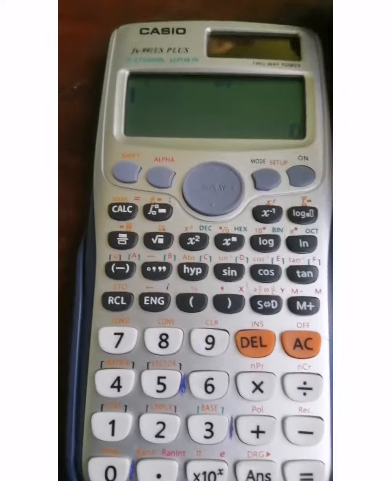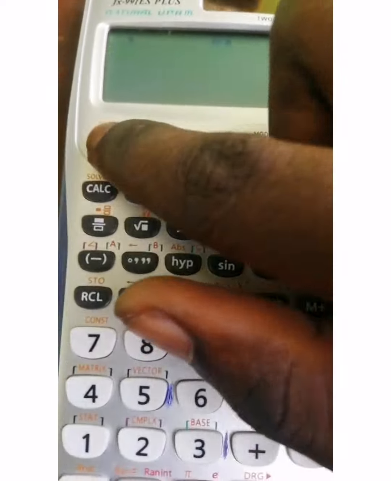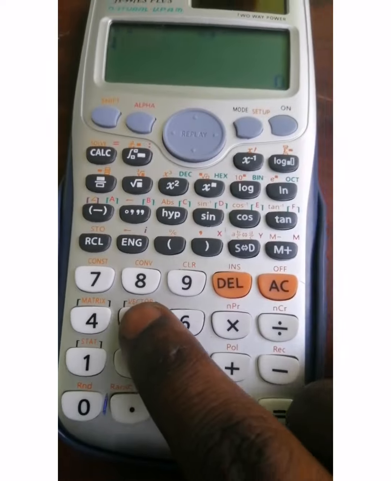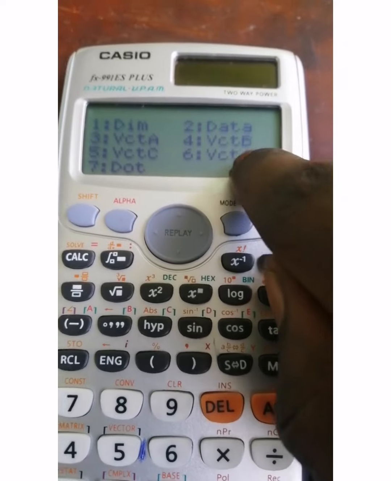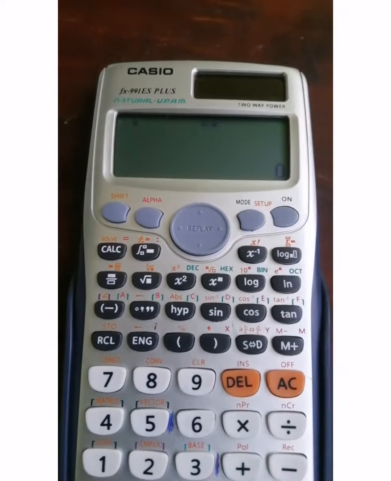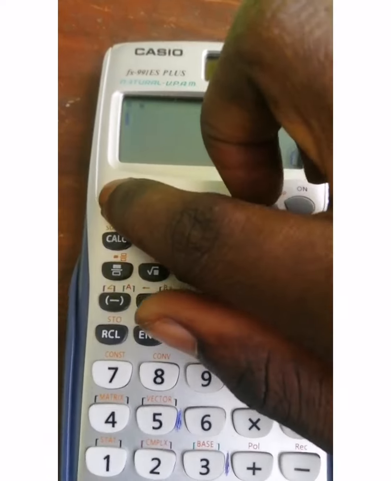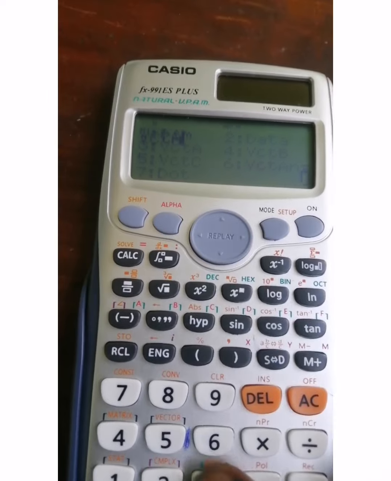So maybe I want to add vectors or multiply vectors. Now you can also press shift and vectors. You go to vectors, we have the dot product, determinant, and so on. For example, if I want to find the determinant of a vector, I can press shift and vector 5, and I'll choose 3.